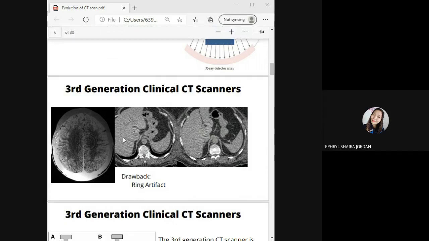So this is not the exact image produced by the third generation CT scan. I just want you to see how a ring artifact looks like. So ito. This is called a ring artifact. It is caused by miscalibration or failure of the detectors, one or more detectors.